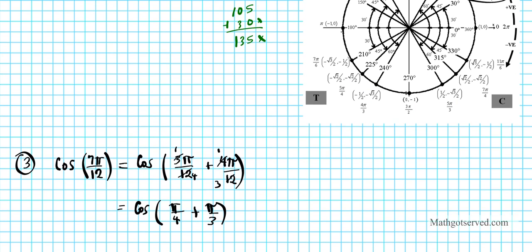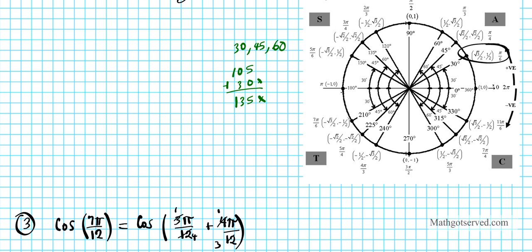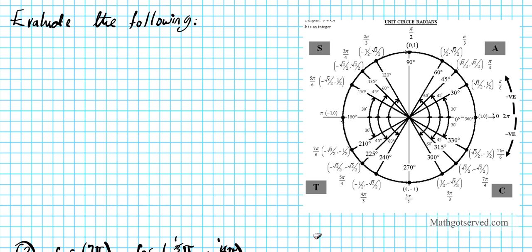Now these two are common angles. Pi over 4 is 45 degrees, and pi over 3 is 60 degrees, right? If you look at the unit circle, you will see pi over 4 and pi over 3. These are the coordinates that we're going to be using for this example.